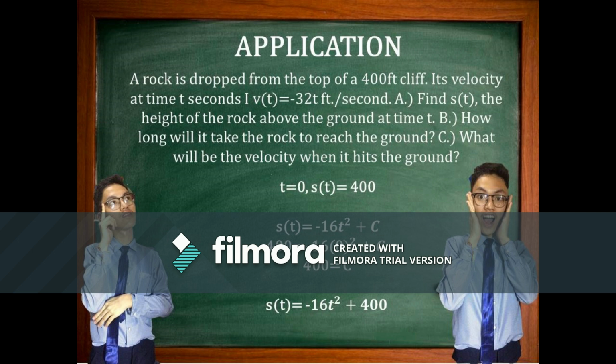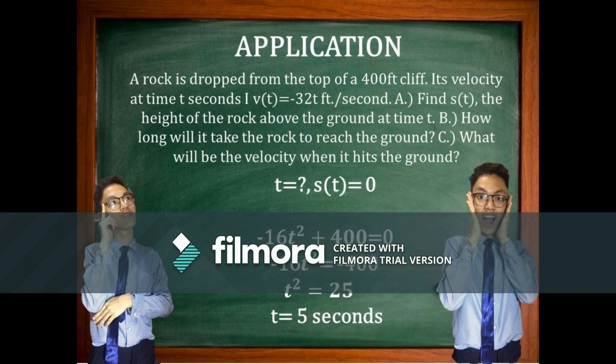Therefore, we can put 0 in for t and 400 in for s of t and solve for c. That would be 400 is equal to negative 16 times 0 squared plus c. We can cancel the negative 16 times 0 squared since it's equal to 0. Our c now is equal to 400. And our final function is s of t is equal to negative 16t squared plus 400.